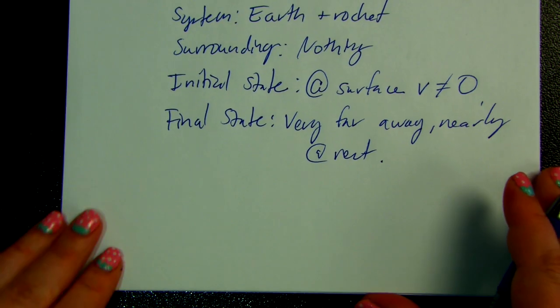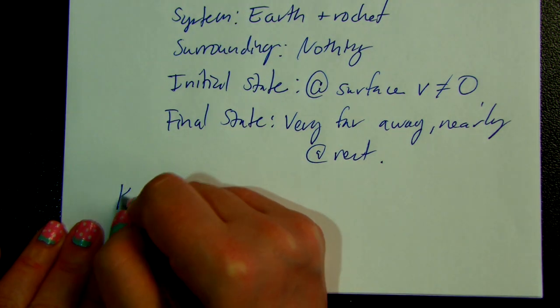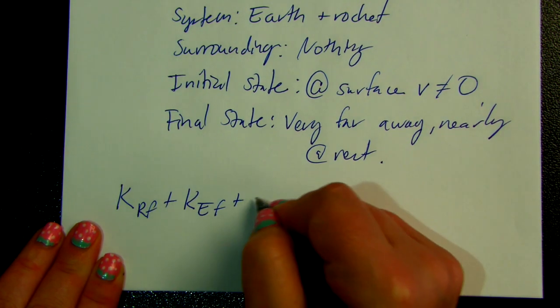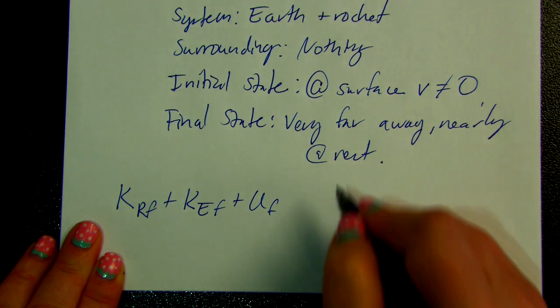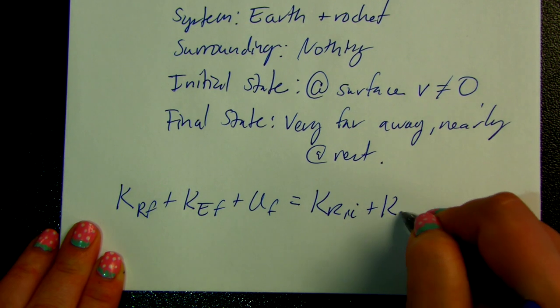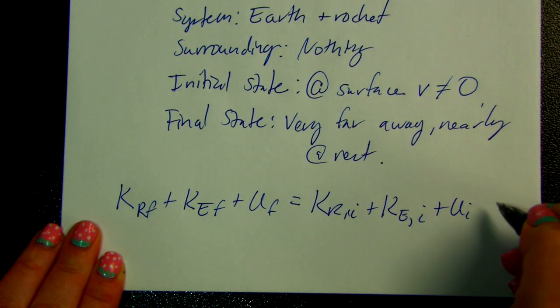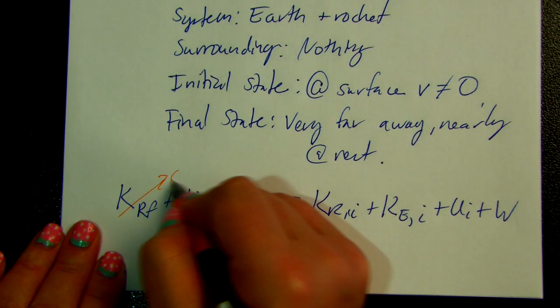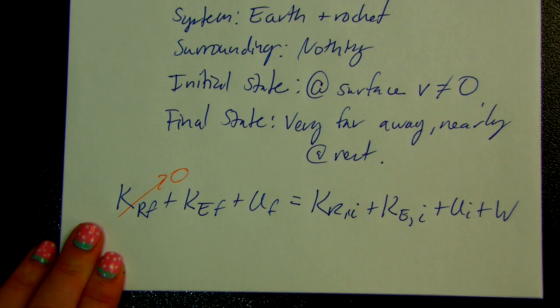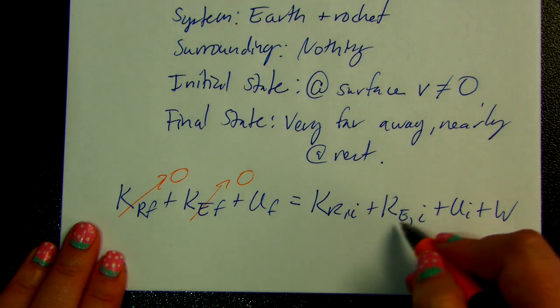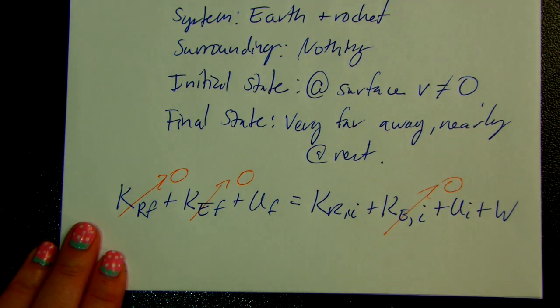Setting up our energy principle, we have the kinetic energy of the rocket final plus the kinetic energy of the Earth final plus the potential between these two objects final, equal to the kinetic energy of the rocket initial plus the kinetic energy of the Earth initial plus the initial potential plus any work done. So where are my zeros? The rocket is essentially at rest. Just like in our previous problem where Dysnomia and Eris were essentially fixed in space, the Earth is moving, but it's not going to move noticeably in this length of time, so we set that equal to 0.